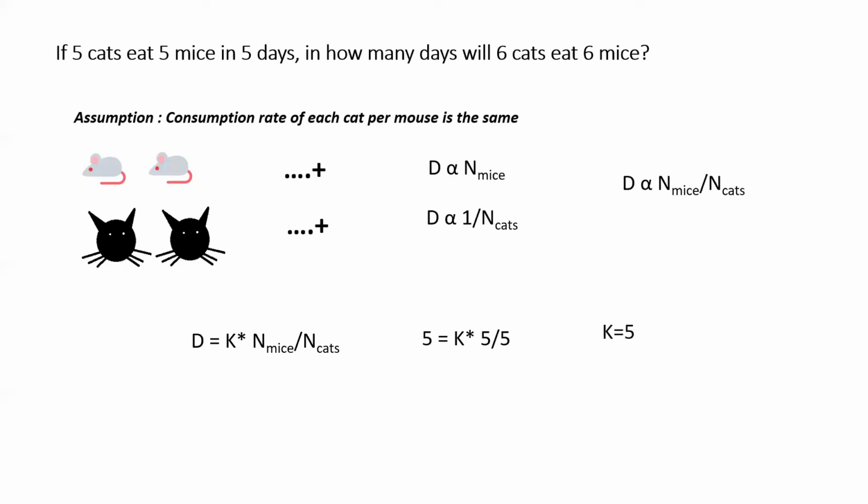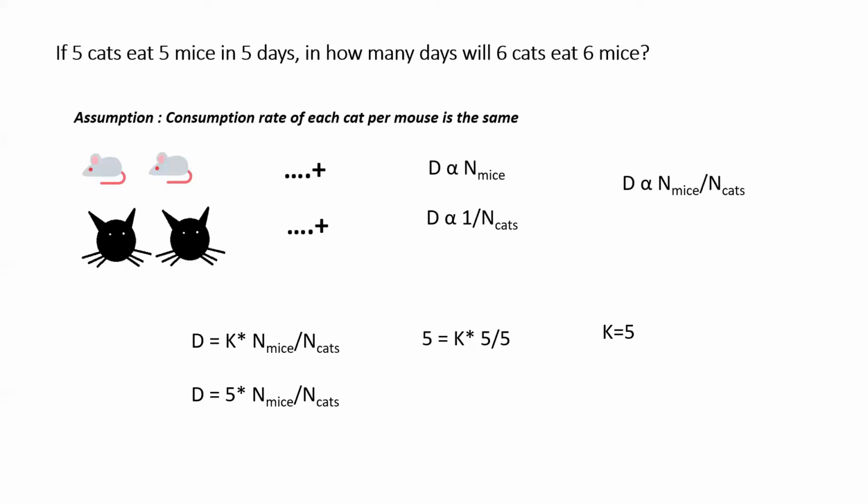We just substitute what has been given in the problem, and we find the value of K, and that comes to be 5. So now we know the value of the proportionality constant. The number of days is related to the number of mice divided by the number of cats as follows: D is equal to 5 into N mice divided by N cats.